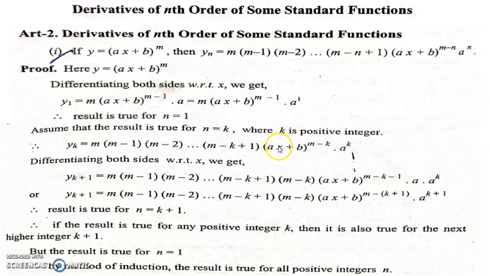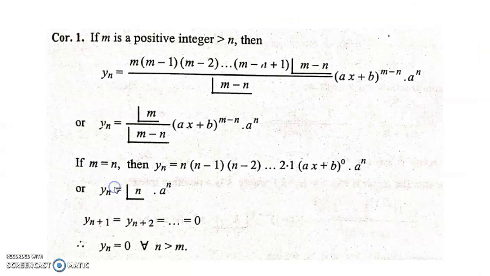Its derivative is (m minus k)(ax plus b) to the power m minus k minus 1, and a raised to the power k as it is. The derivative of ax plus b is obviously a. So all these terms will remain the same: (ax plus b) to the power m minus k minus 1, a to the power k plus 1. So the result is true for n is equal to k plus 1. That means the result is true for every positive integer n.